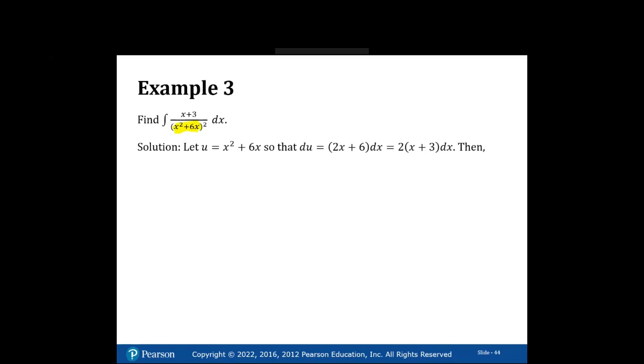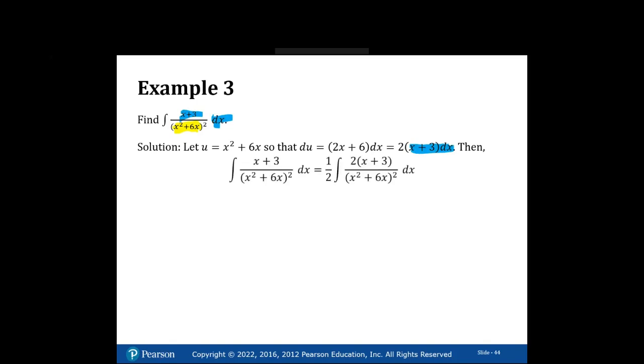So then du is this 2x plus 6 times dx, but I can pull out a 2. Once I pull out a 2, then we see that this x plus 3 dx matches exactly what we're looking for over here. I just have this extra 2.